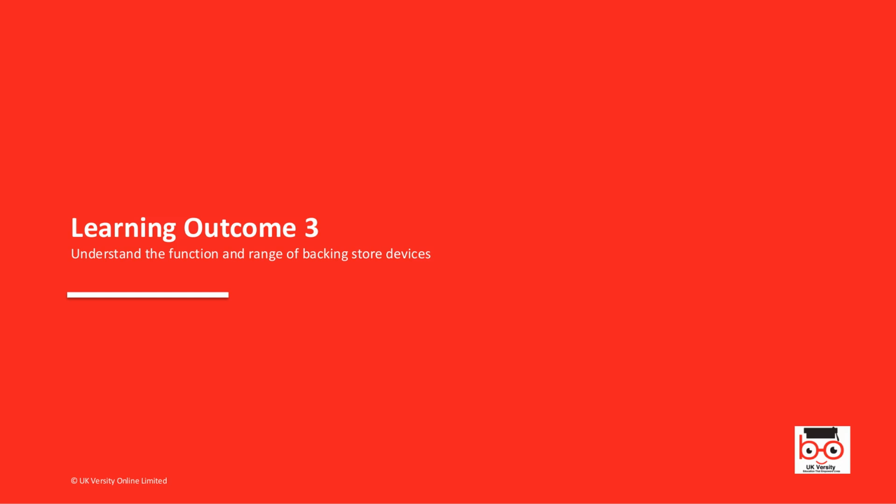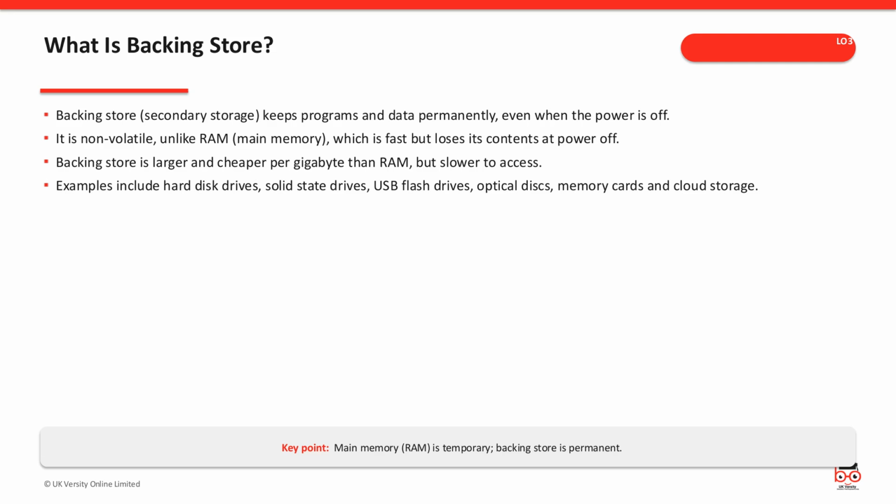This outcome is all about backing store, the devices that keep your programs and files safe long after the power's gone off, and how to choose between them. So let's define backing store, sometimes called secondary storage. It's where your programs and data live permanently, staying put even when the machine is switched off, which makes it non-volatile, unlike the RAM we met earlier that forgets everything at power off.